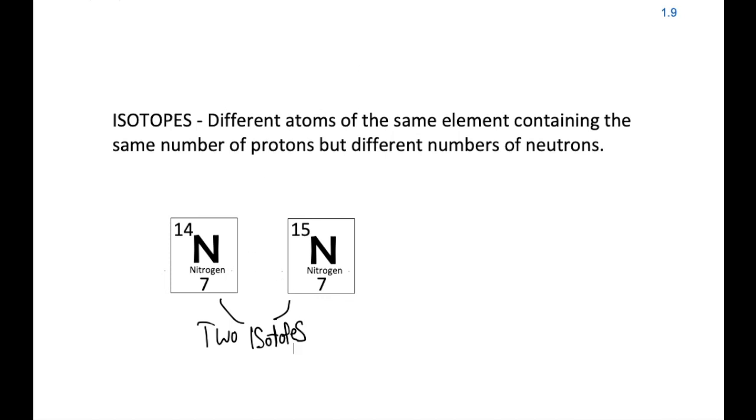Now you'll notice that the number of protons, in other words the atomic number, remains the same at 7, with the only difference being a change in the mass number. And this change is due to the isotope on the right having one more neutron and therefore increasing the mass number by 1. So that's hopefully a bit clearer.